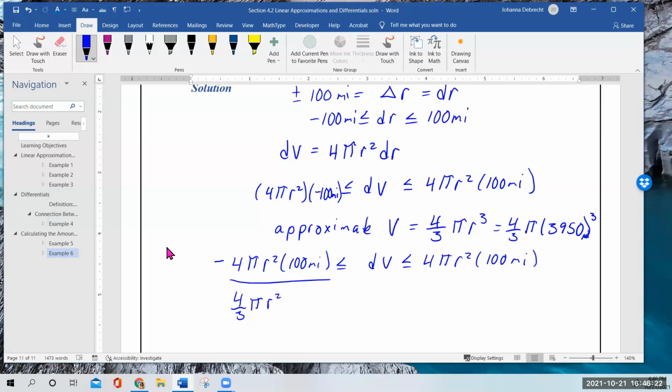Oops, my bad. I forgot to put in r, which is 3,950 miles cubed. This is the volume for all three parts. This is the same r that we have here, where r represents 3,950.